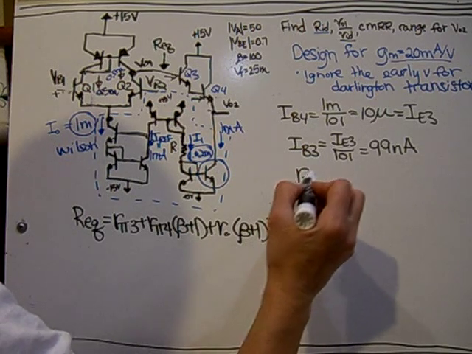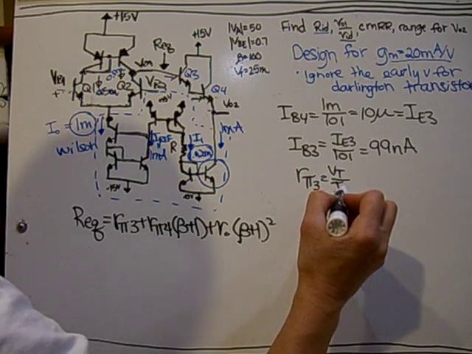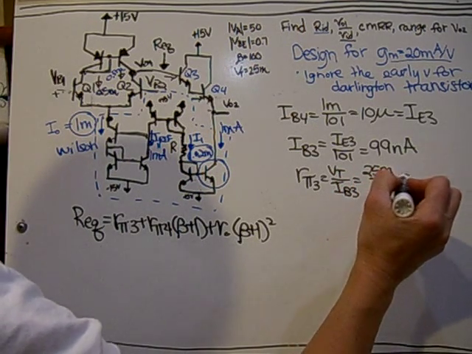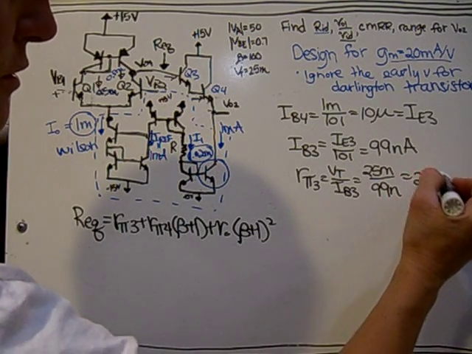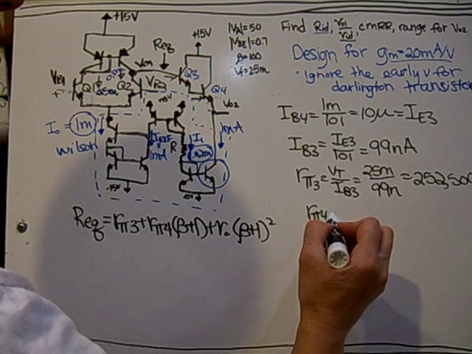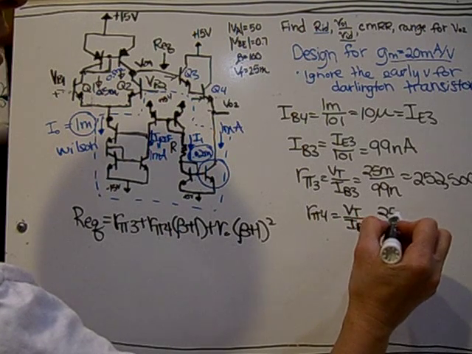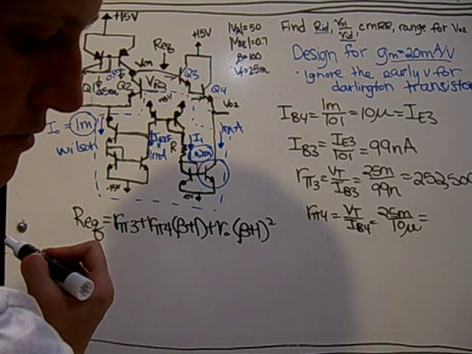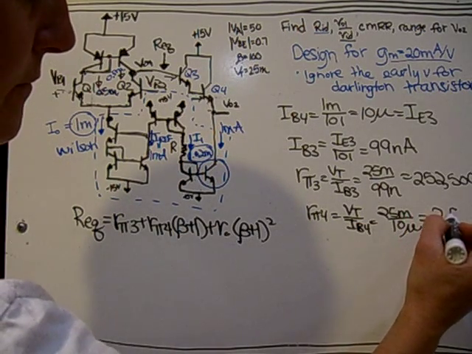So I can find R pi's from that. R pi 3 will be VT over IB3. So 25 milli over 99 nano. And that gives a value of 252,500. And R pi 4 is VT over IB4, 25 milli over 10 micro, for a value of 2.5K.